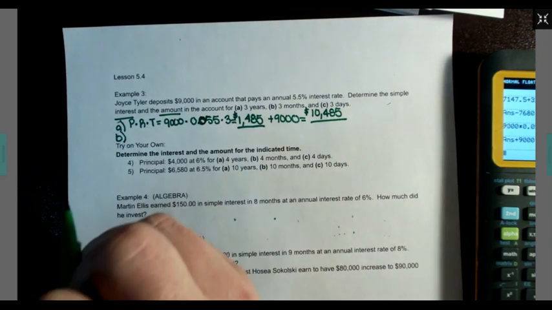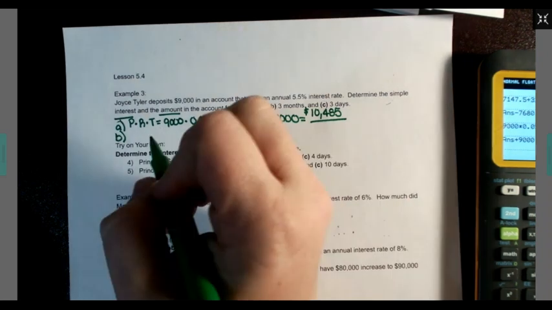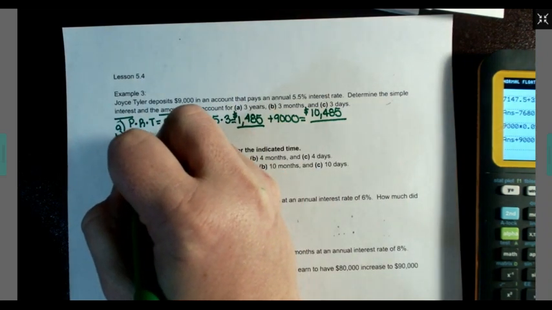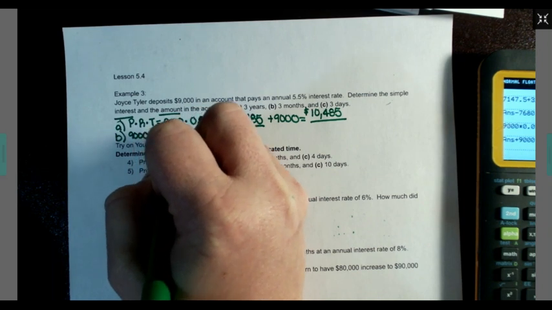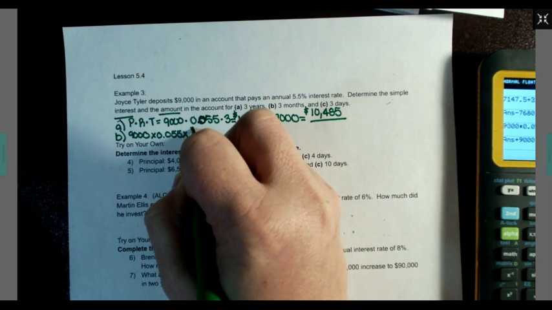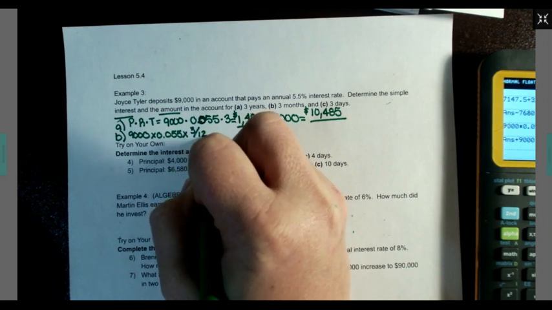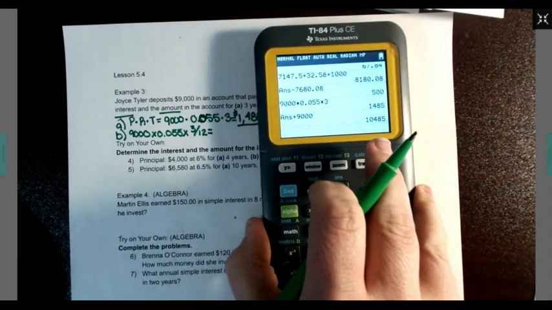B says if I have this money in there for 3 months. Now remember, time is a fraction of a year. How many months are there in a year? 12. So when we do this, we're going to do 9,000 times 0.055 times 3 over 12 because there are 12 months in a year.